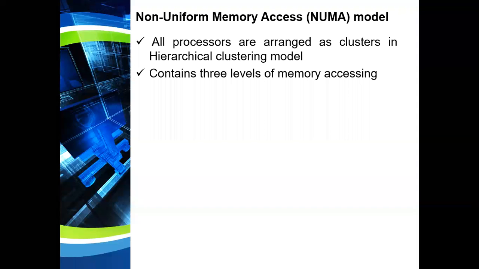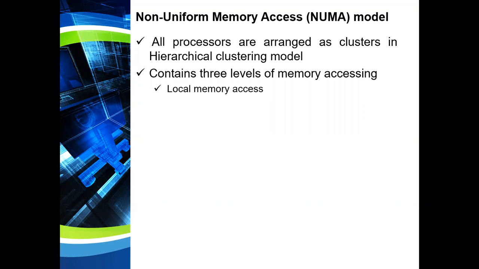Within this hierarchical clustering model, there are three levels of memory accessing. I already told you the shared memory multiprocessor is classified based on the way of accessing the memories. By considering that fact, within the hierarchical clustering model of NUMA, there are three levels of memory accessing.